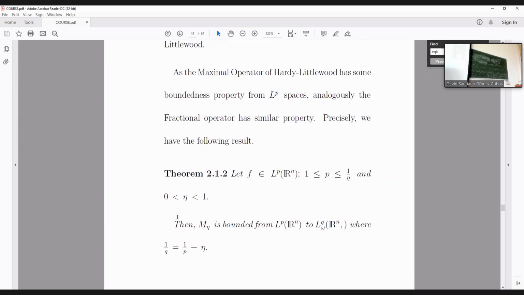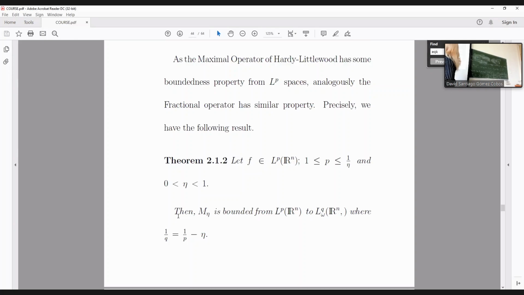So as the Hardy-Littlewood maximal operator had some boundedness properties on Lp spaces, similarly for the fractional operators we have similar properties, based mostly on the good use of the Hölder inequality.